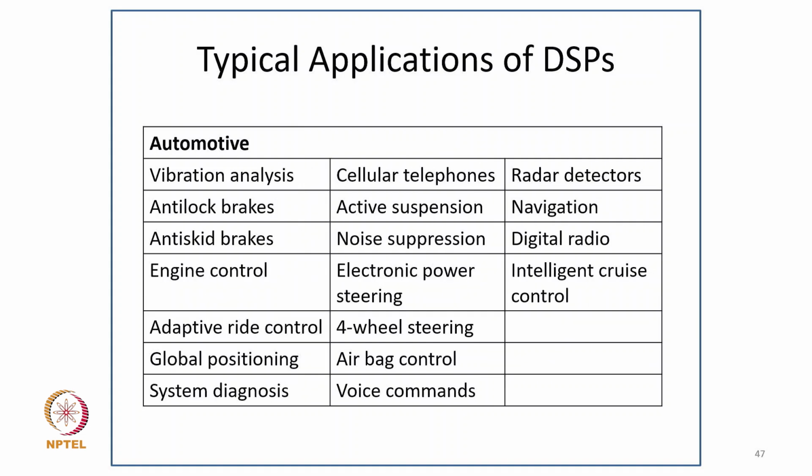In automotive, like vibration analysis, anti-lock brakes, anti-skid brakes, engine control, adaptive ride control, global positioning and system diagnosis. And for cellular telephones, active suspension, noise suppression, electronic power steering, four-wheel steering, airbag control, voice command, radar detector, navigation, digital radio, and intelligent cruise control.